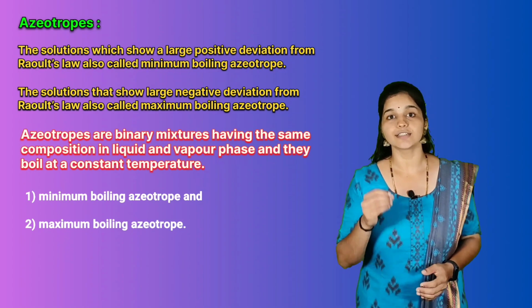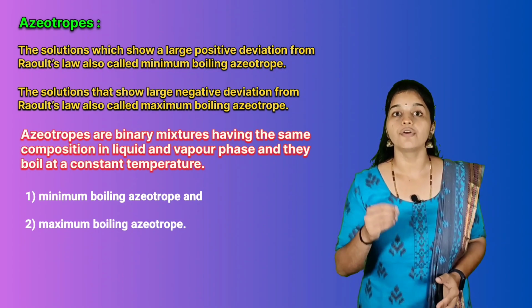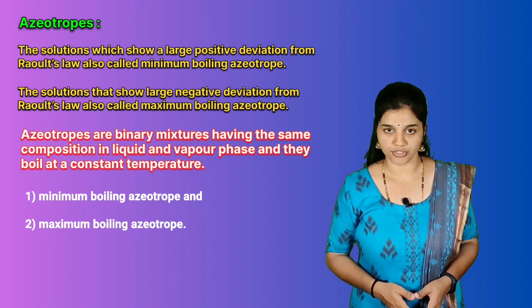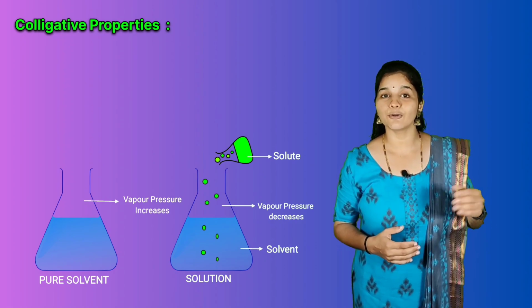As told earlier, the solutions which show a large negative deviation from Raoult's law form maximum boiling azeotrope at a specific composition.